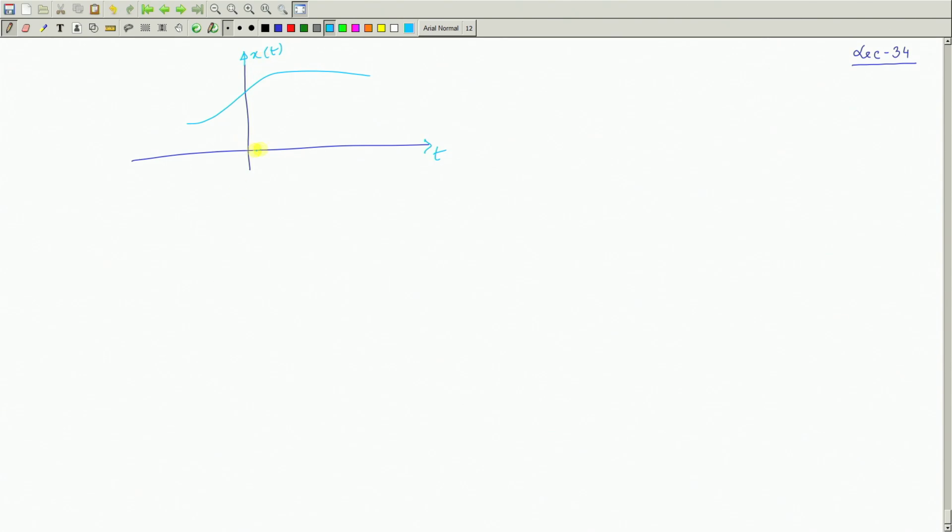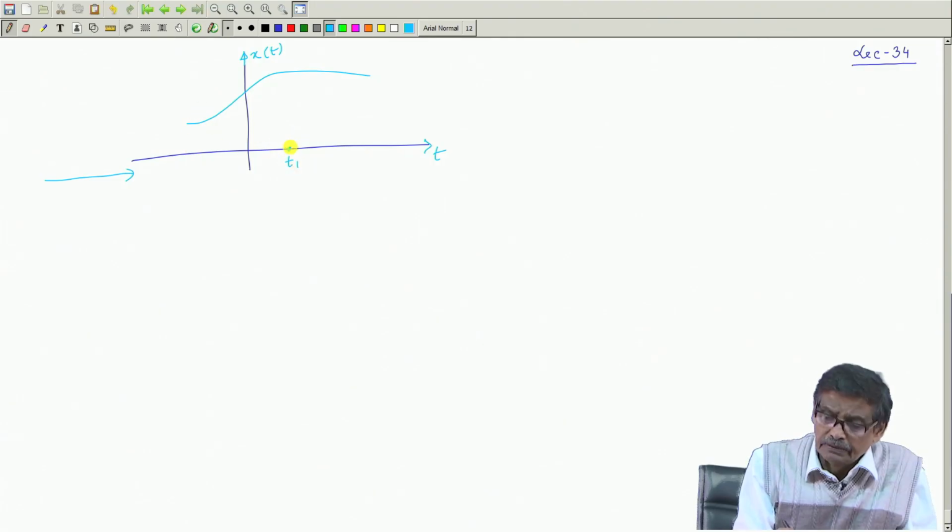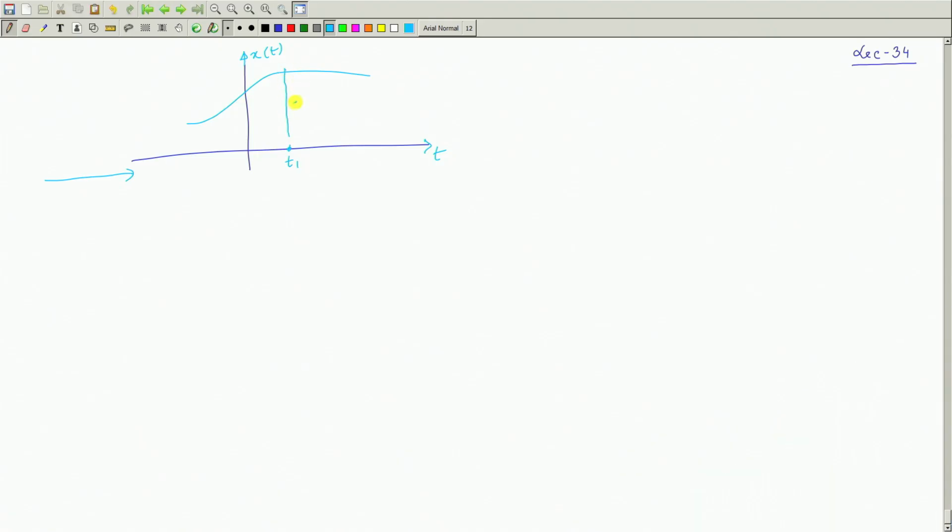Suppose you are moving from t equal to minus infinity along the t axis and looking at values. At a particular time, say t1, it will have a definite value x(t1). These are reasonable functions.